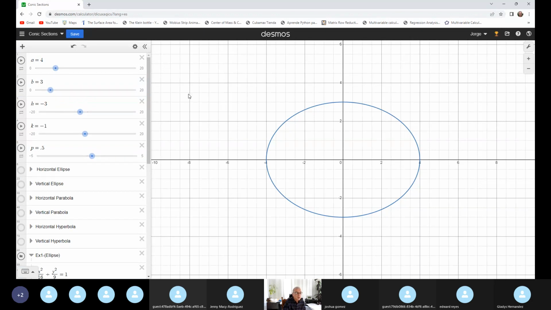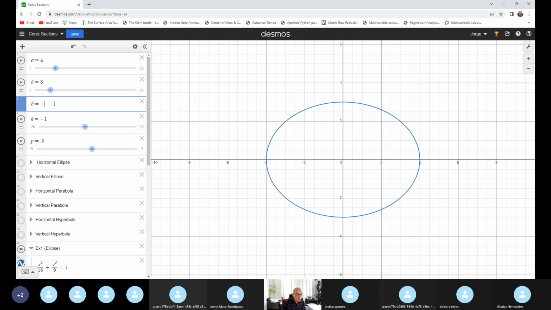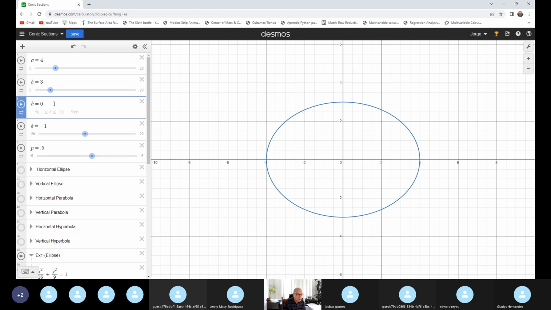Okay, the components for the center are 0, 0, so we have no component: 0 for h and 0 for k. That means our center is located at the origin. P is another thing we study with the parabola, but P I don't care about now.